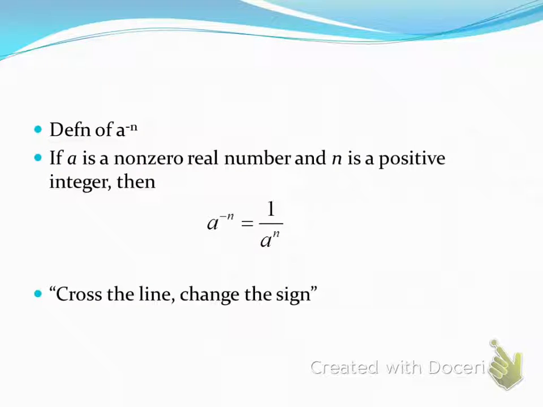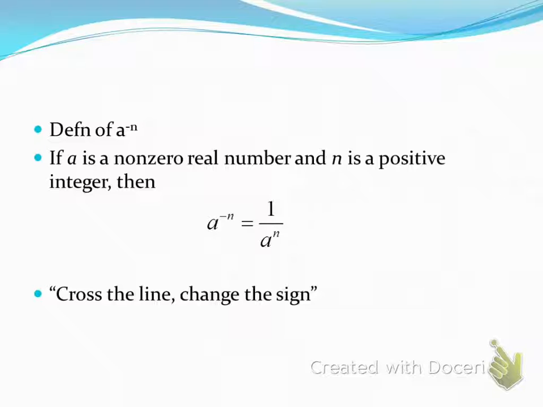So the first thing that we've got is the definition of a to the negative n. So a is a non-zero real number and n is a positive integer. So n is just a negative exponent, negative n. If you have a to the negative n, that is equal to 1 over a to the positive n.